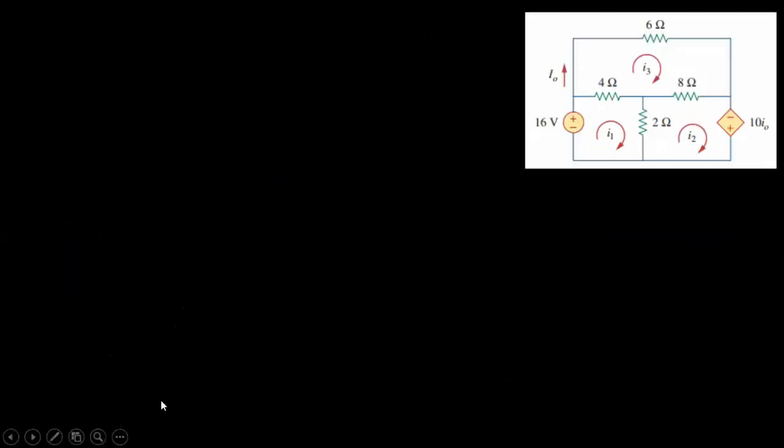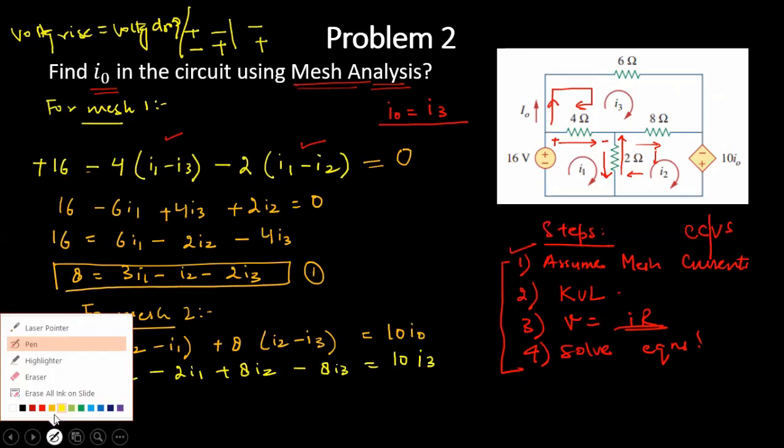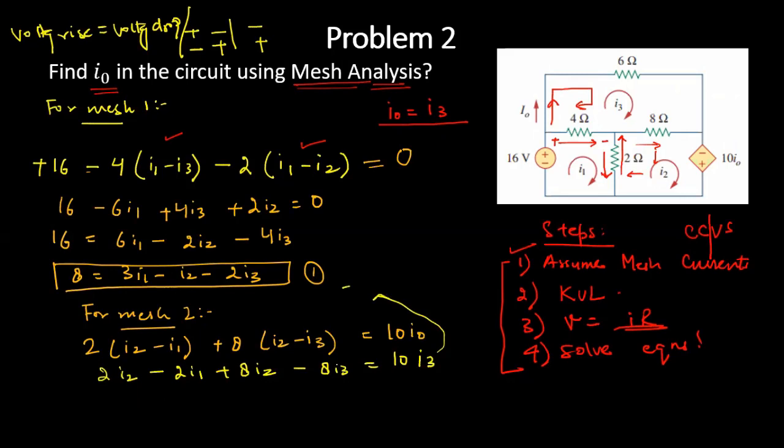So if you will be solving this equation, you should be getting second equation as 0 because it is I1, I2 and I3. There is no constant over here. So you should get 0 is equal to 2I1 minus 10I2 plus 18I3.